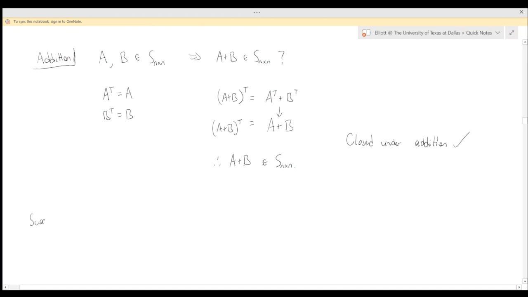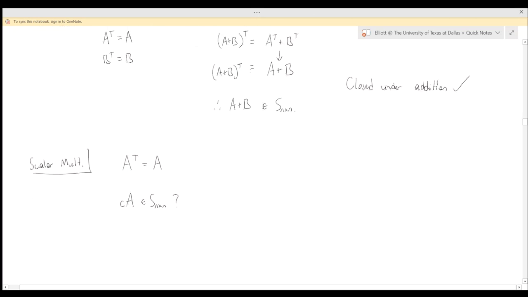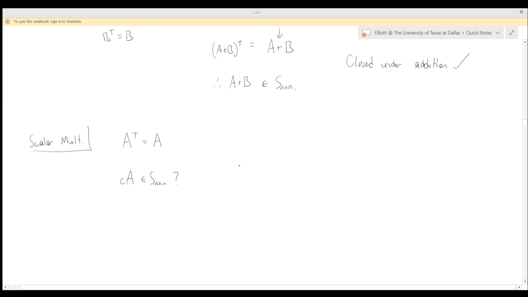Let me check scalar multiplication next. Imagine again you have a symmetric matrix. What happens when you multiply that matrix by a scalar? The question is whether this matrix is symmetric. We can check that by taking cA and checking if its transpose is equal to itself.